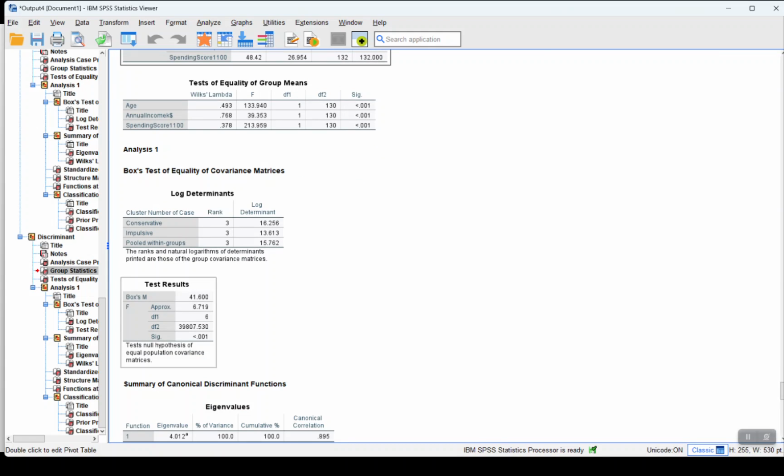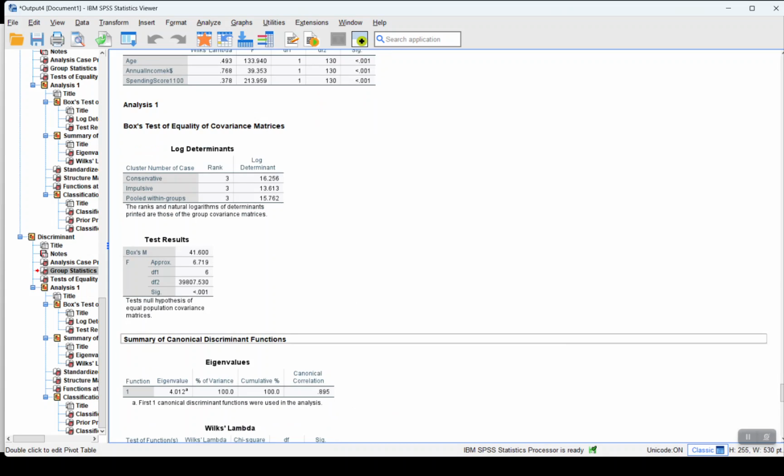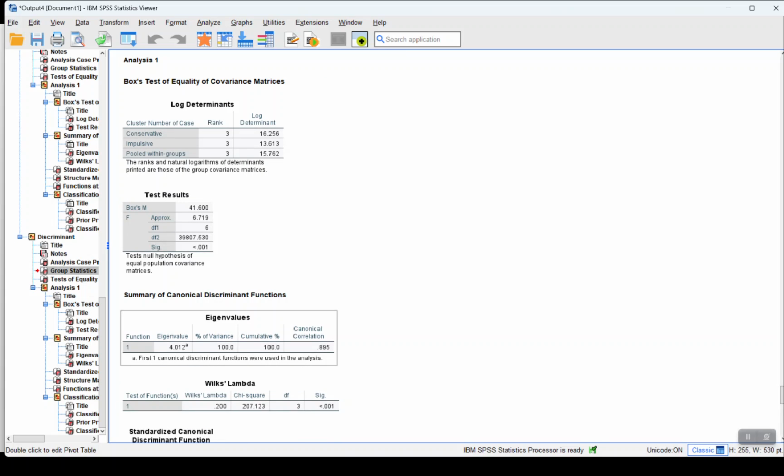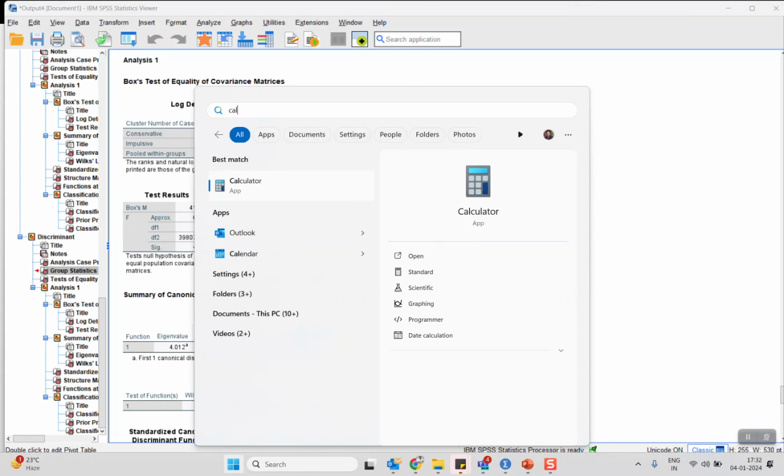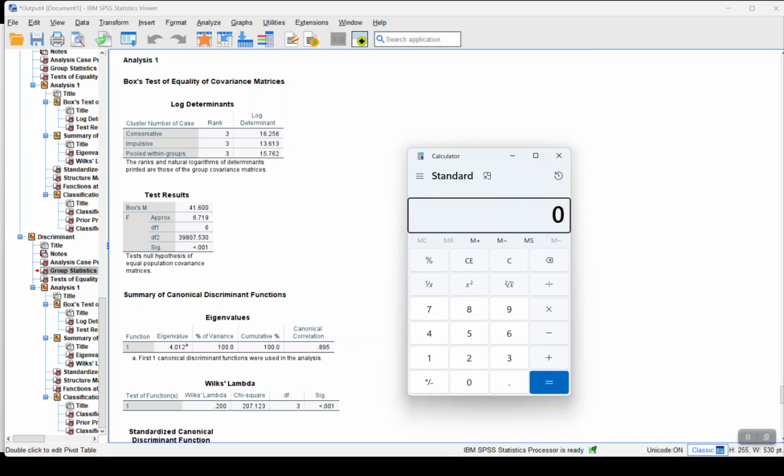For test results, we are trying to reject the null hypothesis, and as we can see, the significance is less than 0.001, and that means it's good here. The interesting thing here is the canonical correlation, which helps us understand how different the groups are from each other. We need to calculate the percentage of variation, which should be above 50%.